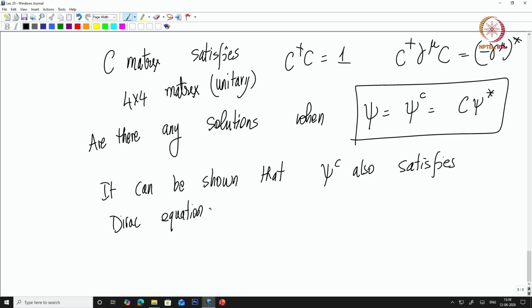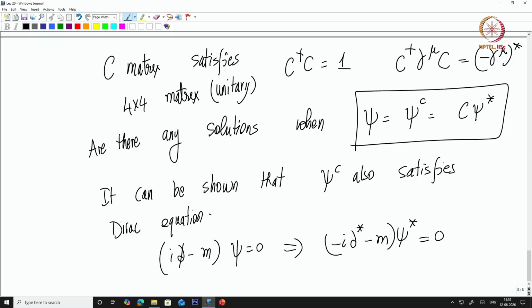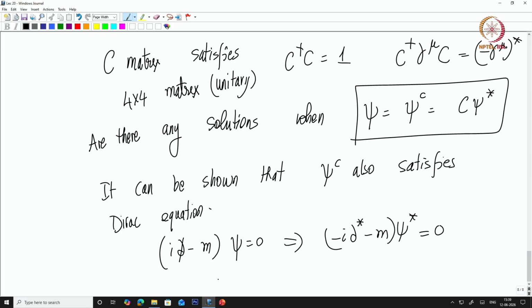So, how do you show that? You start with the full charge conjugation. (i∂̸ − m)ψ = 0 implies −ψ∂̸* − mψ* = 0. This is just a conjugation essentially.